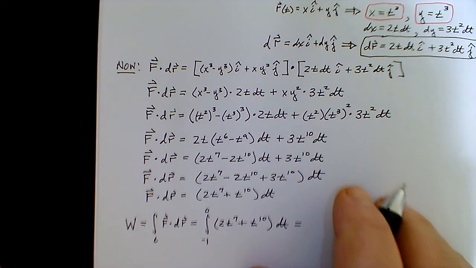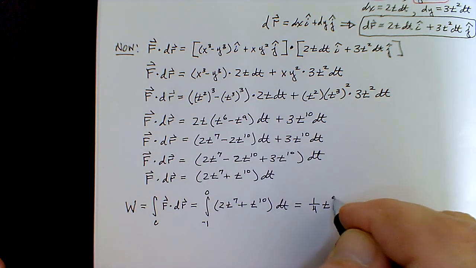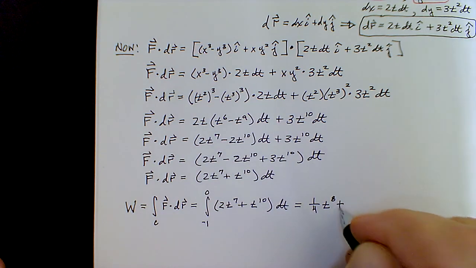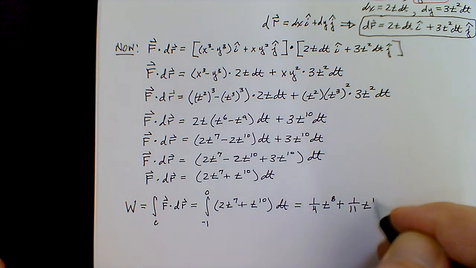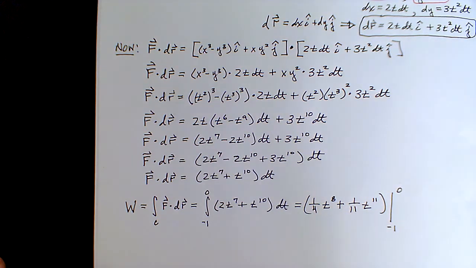Alright, so that integrates easily. 2t to the 8th over 8, or 1/4 t to the 8th, plus t to the 11th over 11, or I'll write 1/11th t to the 11th, evaluated from -1 to 0.